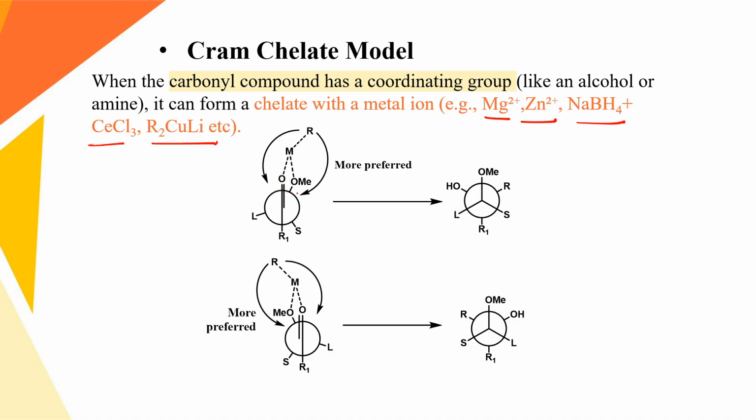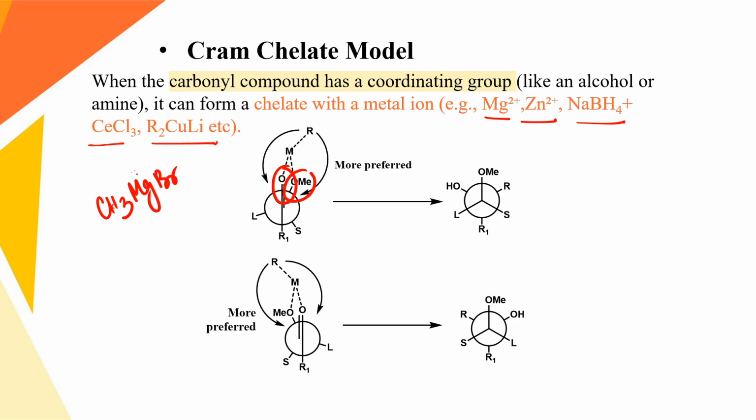transition state in such a way that your carbonyl group as well as the chelating group are both in an eclipsing position, and the driving force is that both chelate with the metal ion. Suppose you are reacting this type of carbonyl compound with a Grignard reagent.